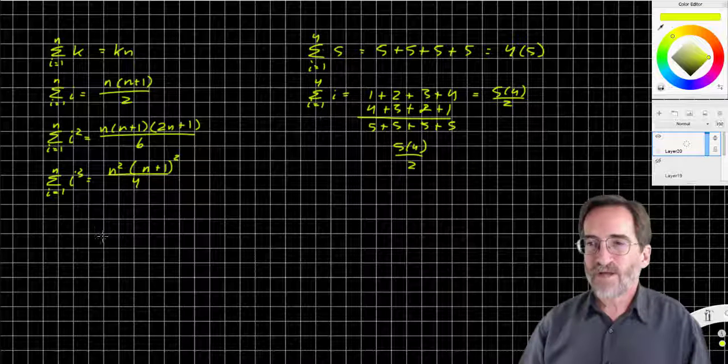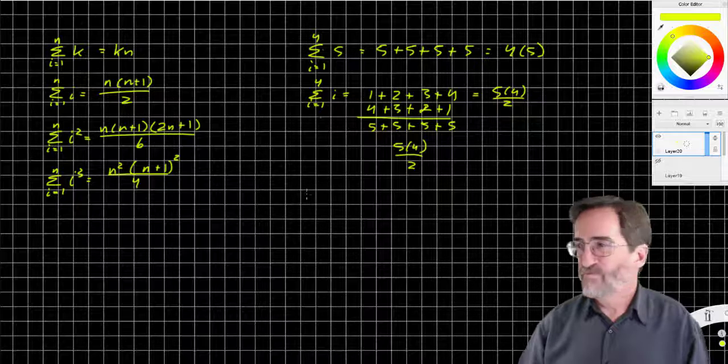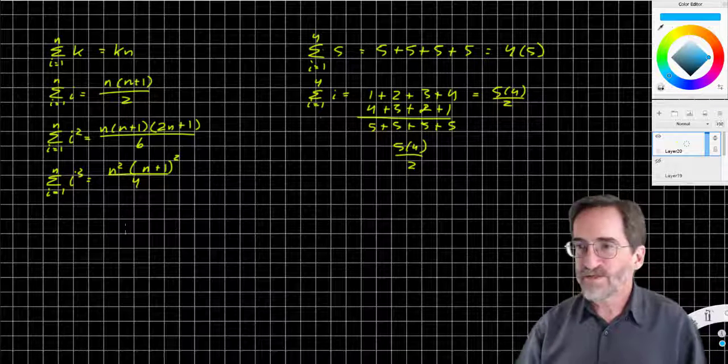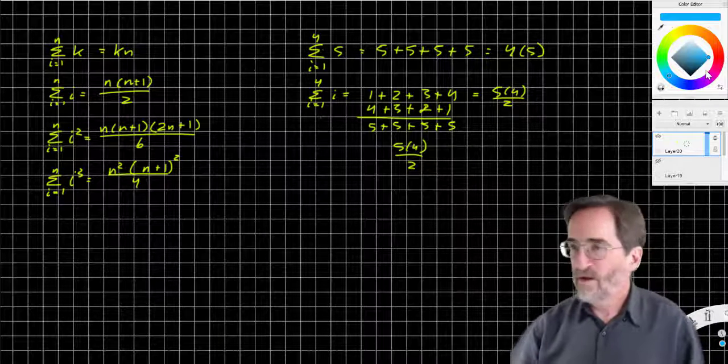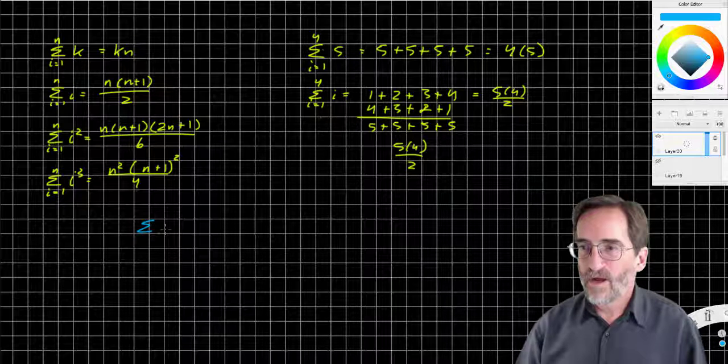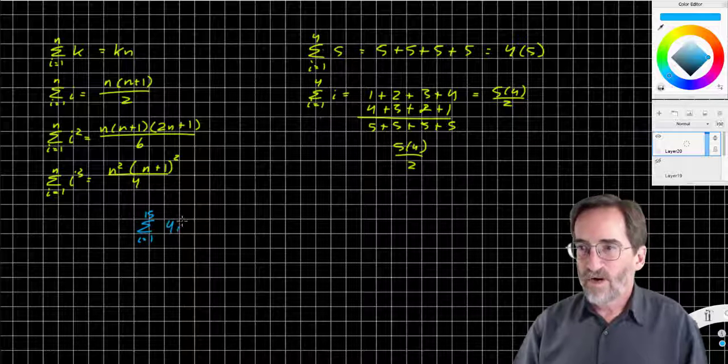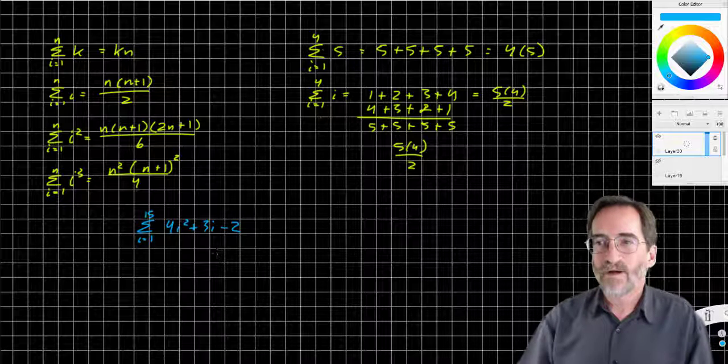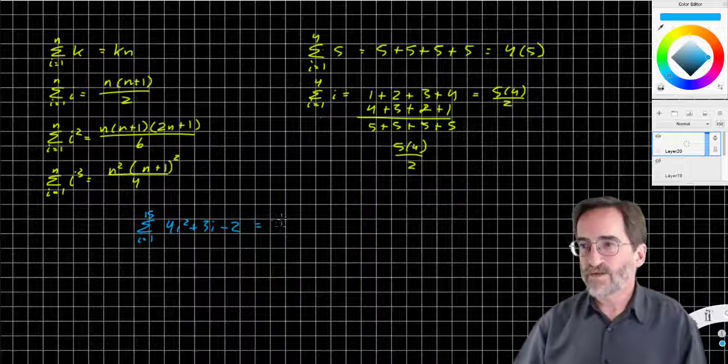So let's say I want to do the sum from i equals 1 to 15 of 4i squared plus 3i minus 2. I can now do that by doing this.